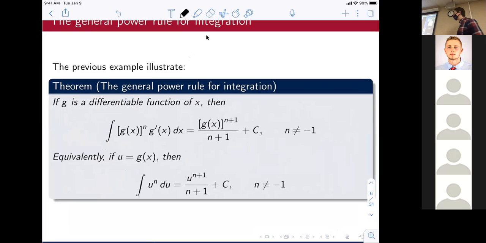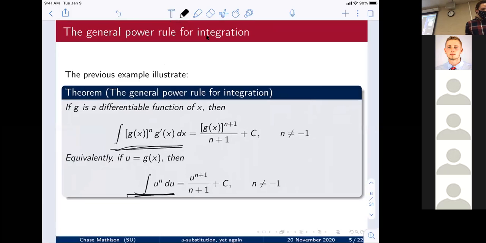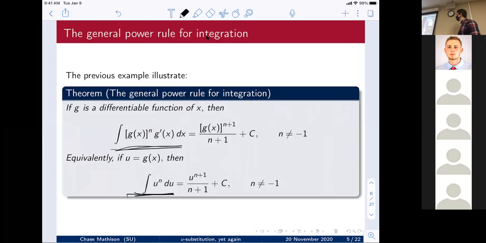Or if you let u equal g of x, then this integral just becomes this, and you get that. So this is the general power rule for integration.